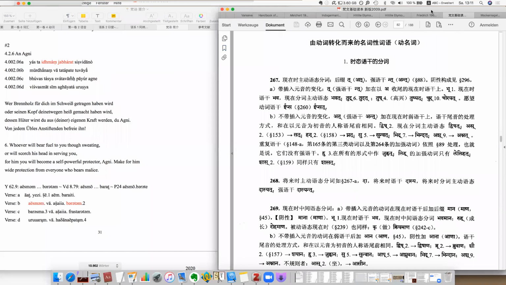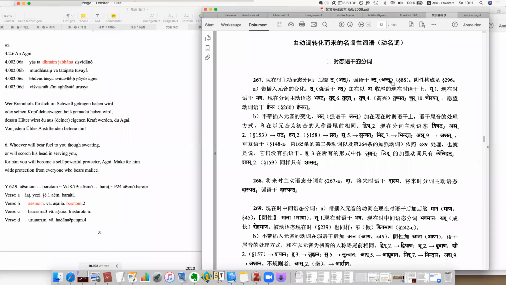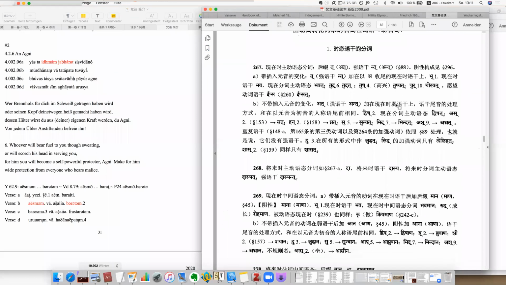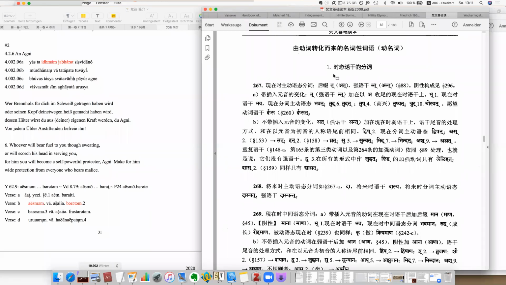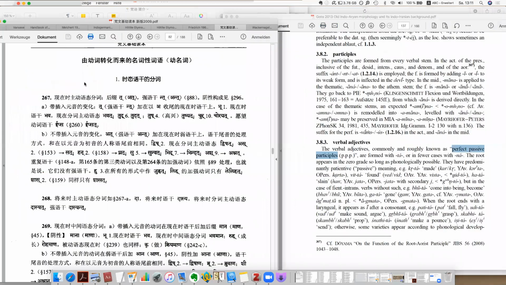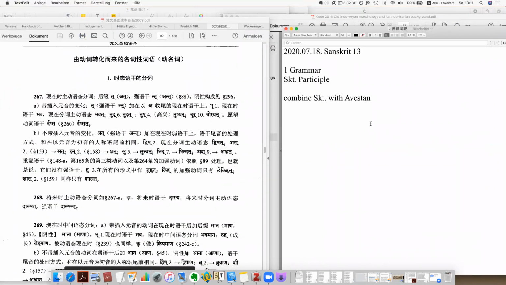So for the grammar, I just take the information from the Stentner grammar. Well, it's Chinese, but it's fine. You just need to recognize the Devanagari forms. So as you have seen, I put the grammar here, and then I write it here.